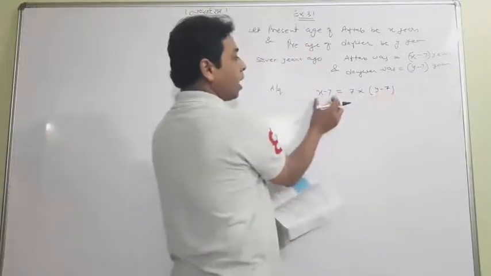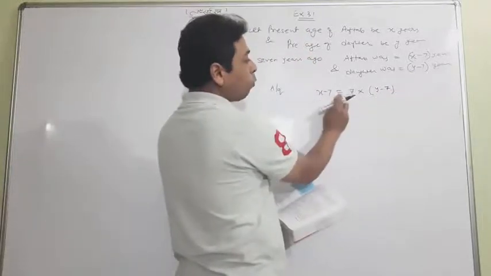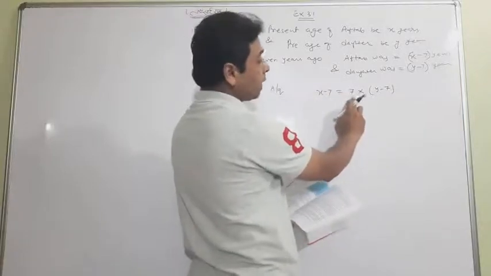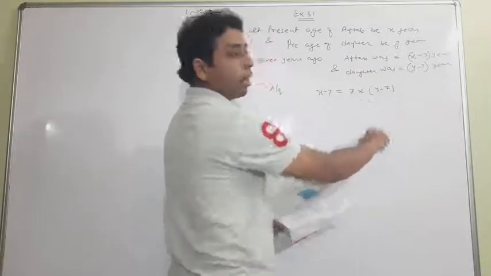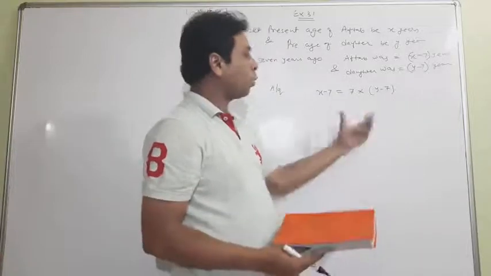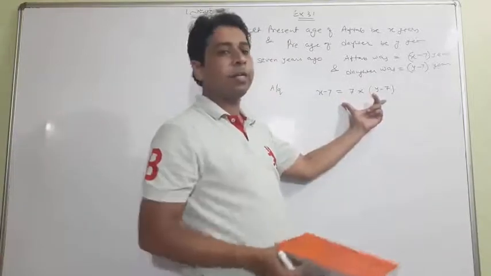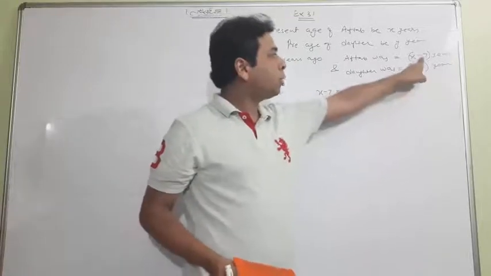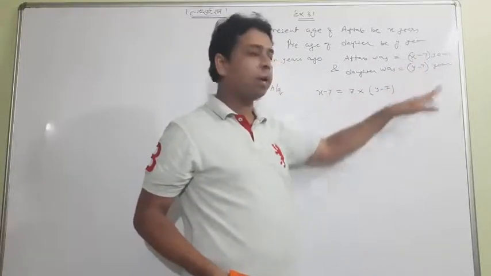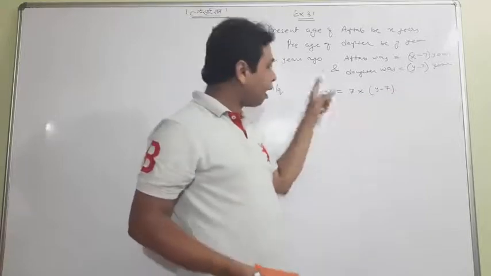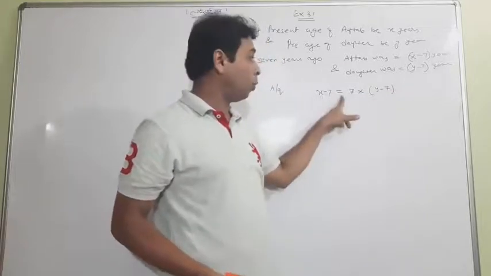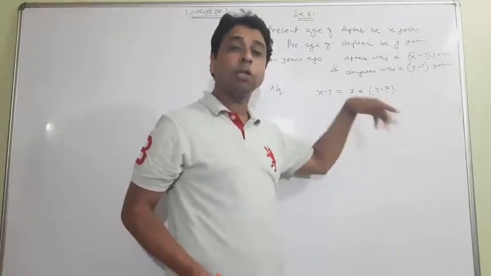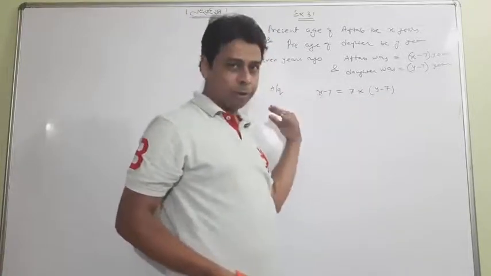Now look, Aftab says I, meaning Aftab, was 7 times your age. This equation is created based on 7 years ago, when the ages were x minus 7 and y minus 7. Aftab says that time I was 7 times you. So your age is y minus 7, meaning the daughter's age, and mine, Aftab's, is x minus 7.